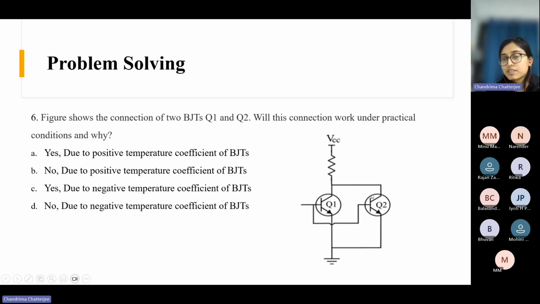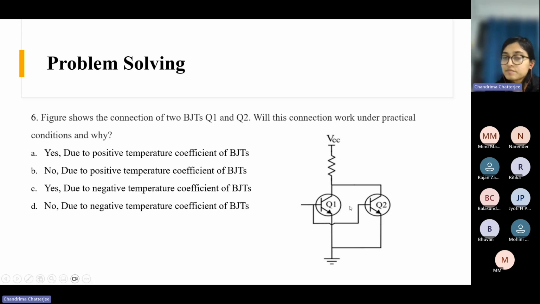Some difference will be there. While manufacturing, you can't make two devices exactly 100% identical. There will be some very minor mismatch. So due to that, suppose Q1 temperature is slightly higher than temperature of Q2. What will happen then? The resistance of Q1 will reduce compared to resistance of Q2, because it has negative temperature coefficient. So its resistance will reduce.